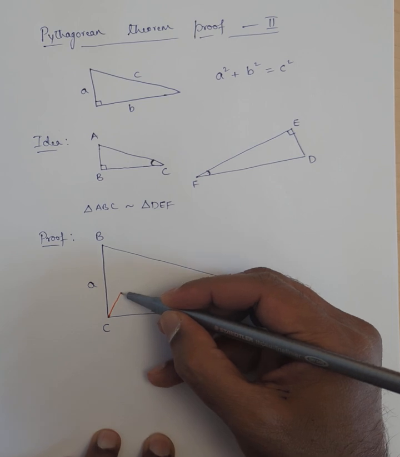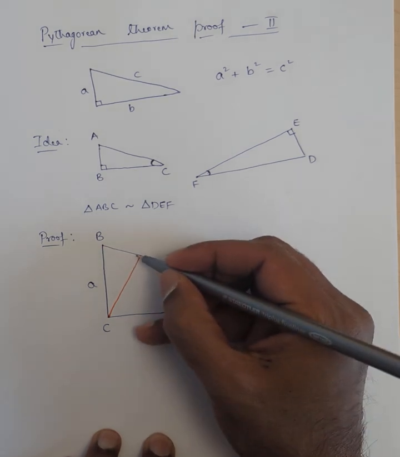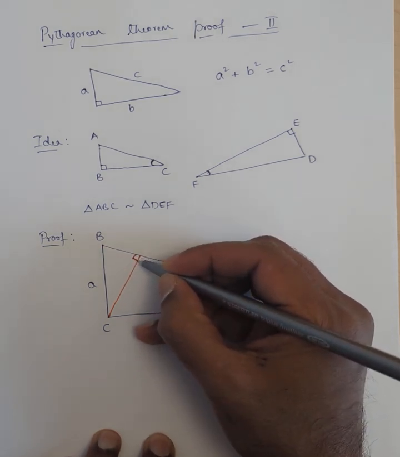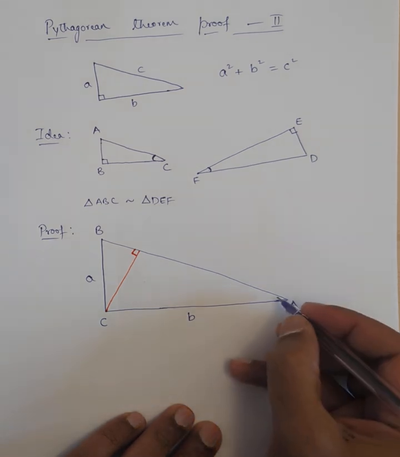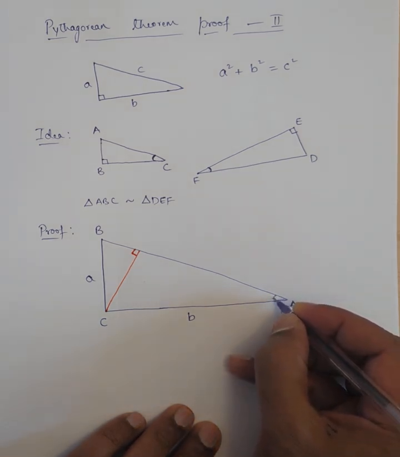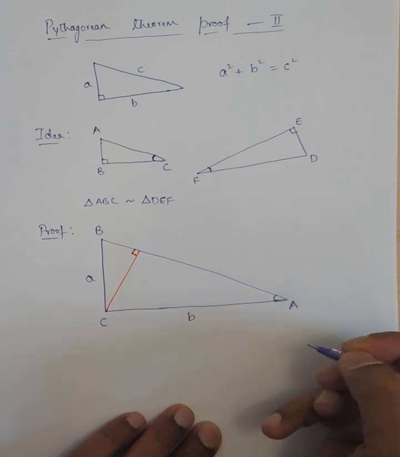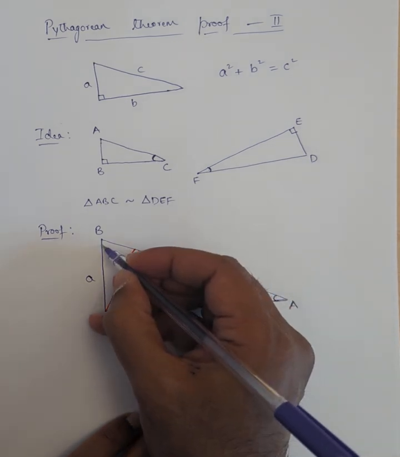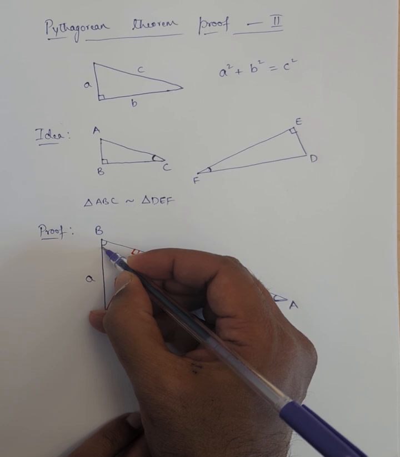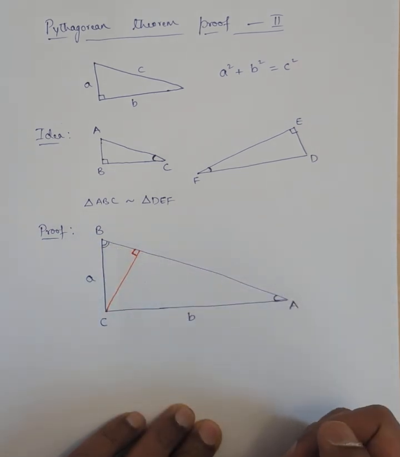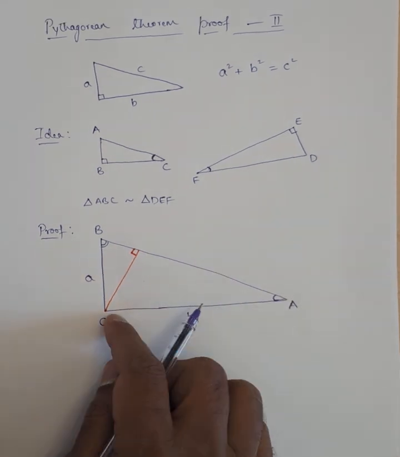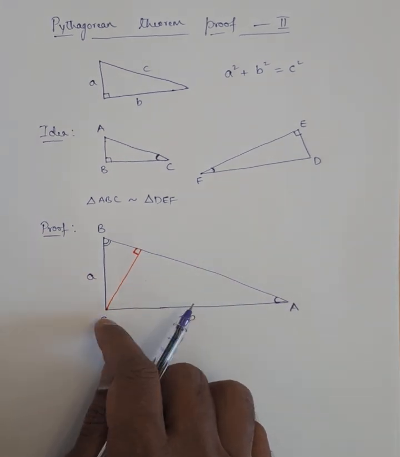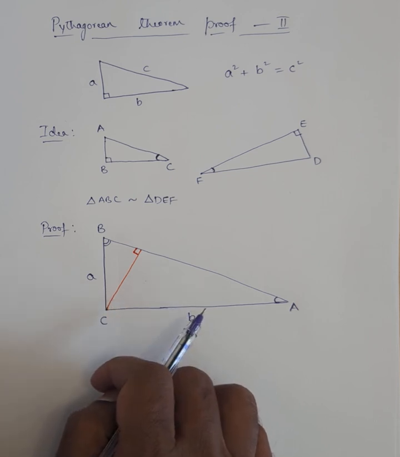So if you do that, then this is what you get. Now in the original triangle ABC, let's use a single arc for angle A and double arc for angle B. Now C is a right angle, but we are not showing that because that got split into two parts.